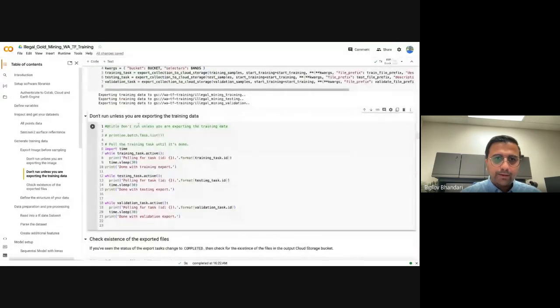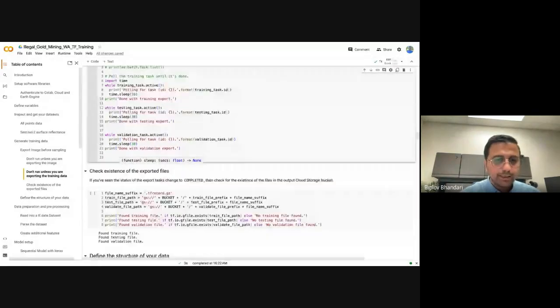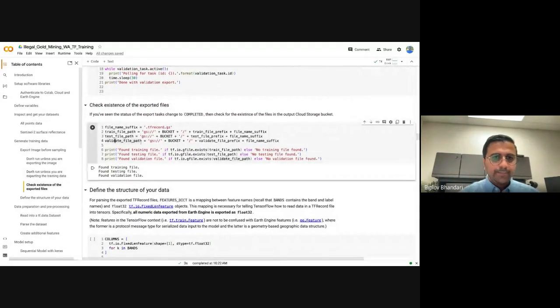So now we have our training, testing, and validation data. Again, this is checking those tasks until they're finished, and here we're just checking whether those data are available in our cloud bucket.